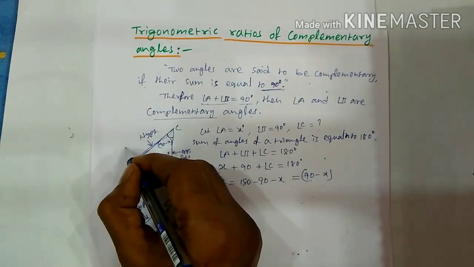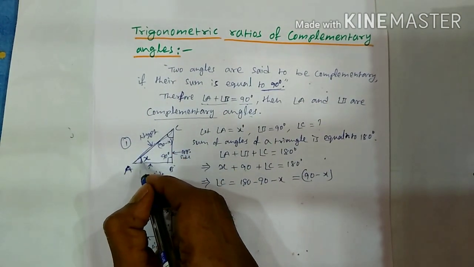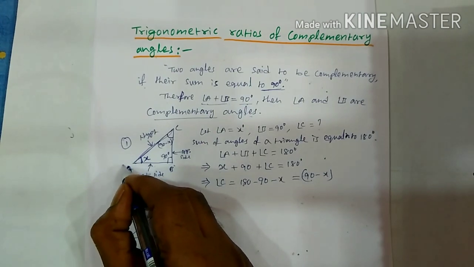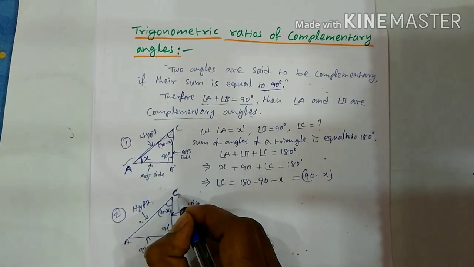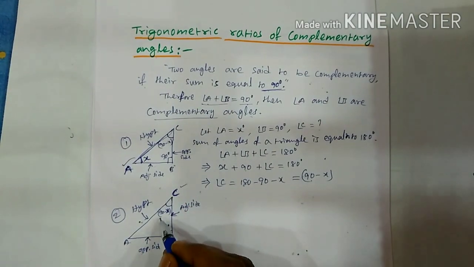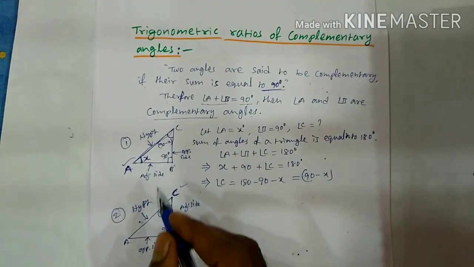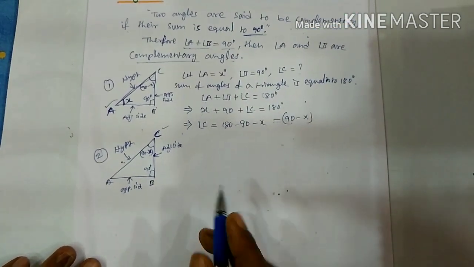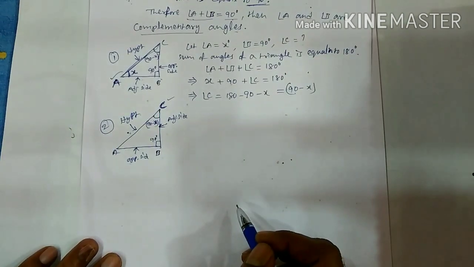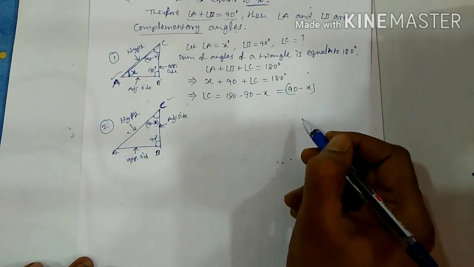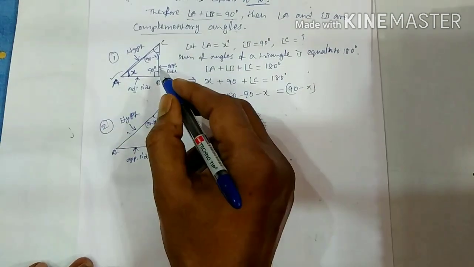So remember, the first triangle is with respect to angle A, and the second triangle is with respect to angle C, that is 90 minus X. Remember these two. Now we go back to the trigonometrical ratios. First, write the formulas of the first triangle.